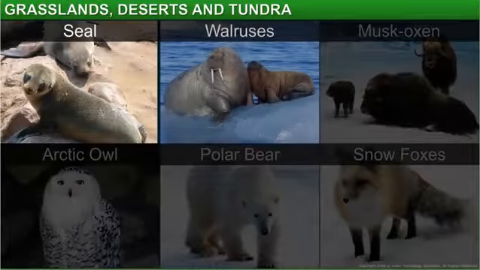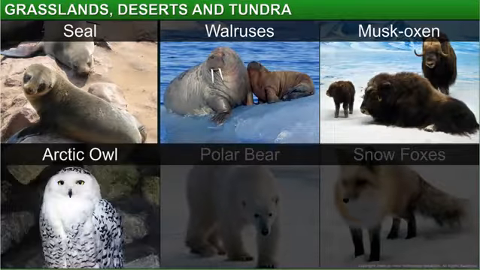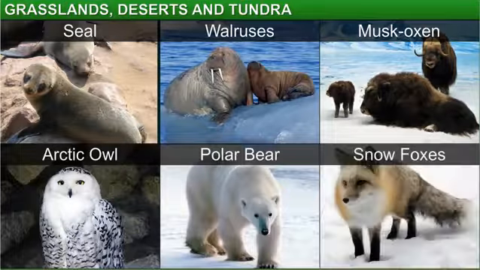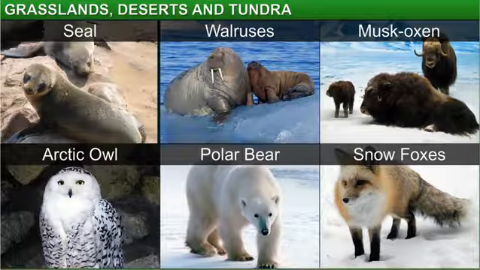Seals, walruses, musk oxen, Arctic owls, polar bears, and snow foxes are examples of wildlife found here. These animals have a thick fur and skin to protect them from the acute cold.